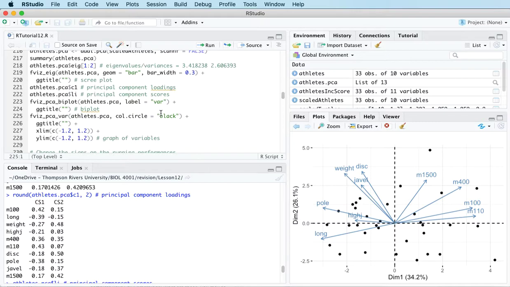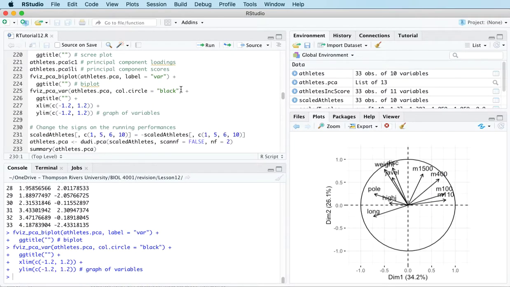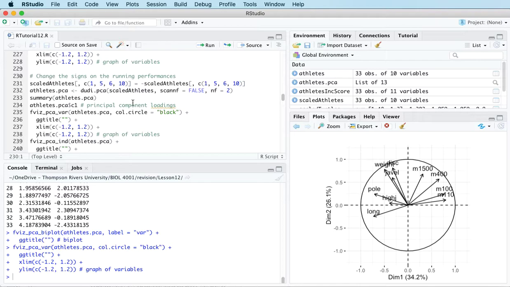We get the same kind of picture when we just look at the variables in the circle of correlations. All the running and hurdles are pointing to the right, and all the jumping and throwing are pointing to the left. So I'm going to do what I suggested. I'm going to go back to my data and change the signs on the running performances.